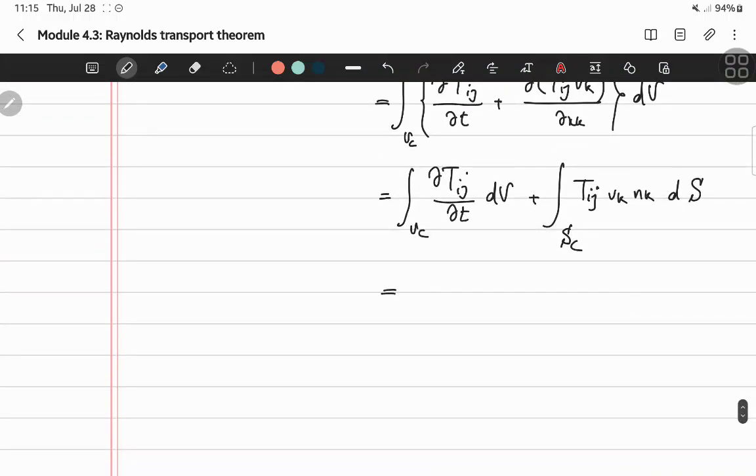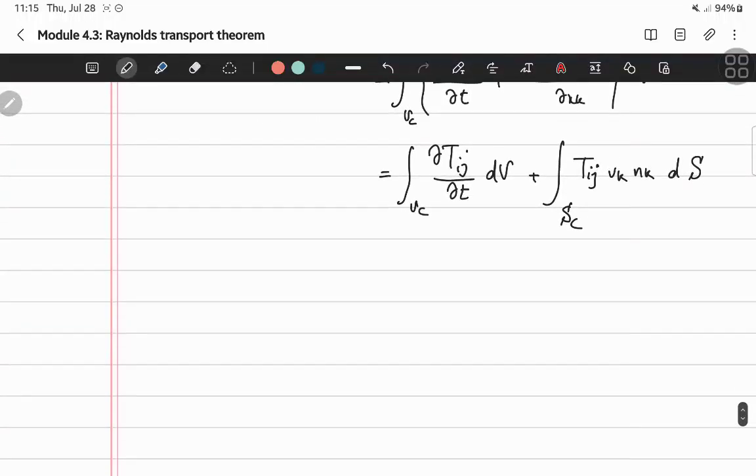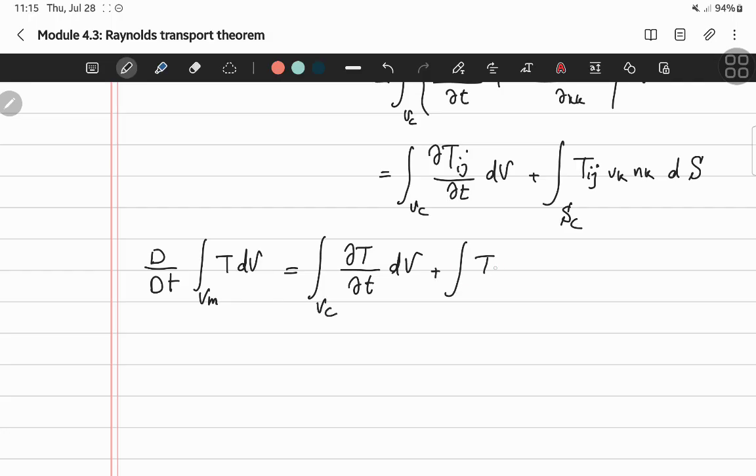So this is equal to this expression here, or in tensorial notation I can write this as d/dt of the integral of T dV over Vm is equal to the integral of the partial derivative of T with respect to t dV over Vc plus the integral of T, and this v_k n_k is just the dot product of two vectors, so it is v dot n, over Sc, dS.